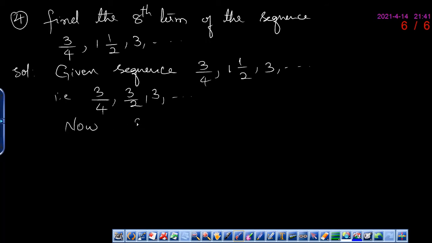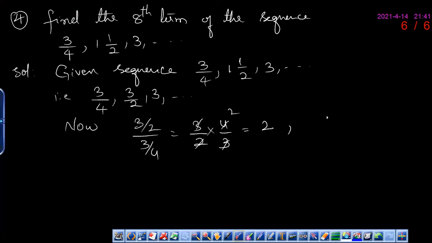Now 3 upon 2 divided by 3 upon 4 is equal to, just take the reciprocal of this, you will get 2.